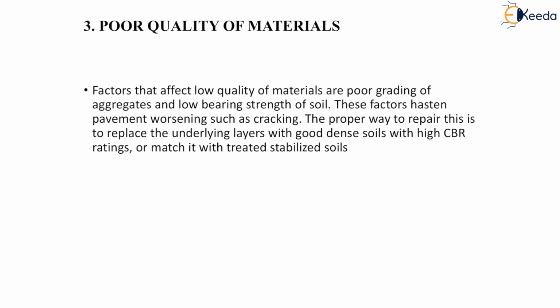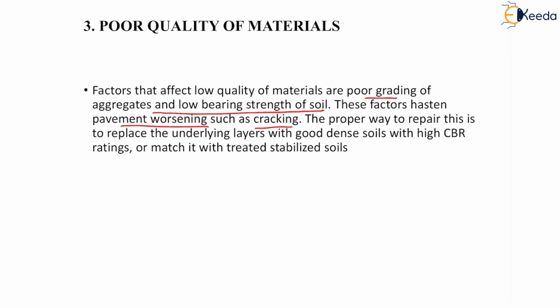Next one is the poor quality of material. Factors that affect low quality of material are poor grading of aggregate and low bearing strength of soil. It means that if we are using poorly graded aggregate as well as soil having low bearing capacity, it will ultimately result in pavement failure. These factors hasten pavement worsening such as cracking.